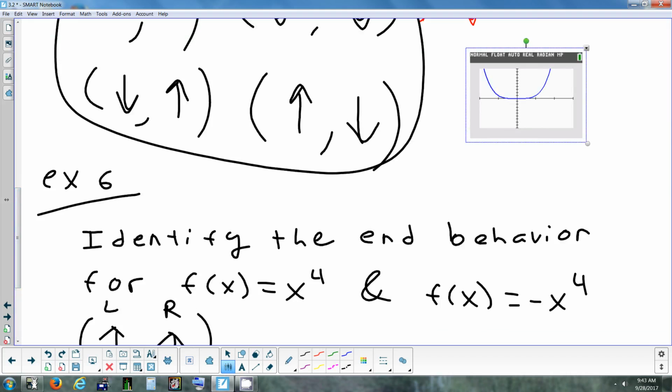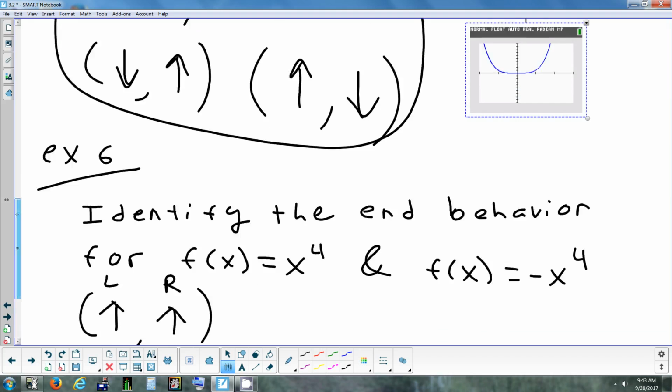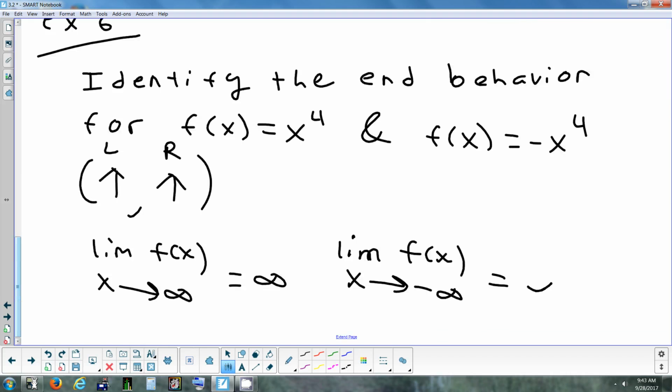It also approaches infinity. As you head further and further to the left, this graph is still going up. It's up on each end. So these two things are exactly the same. Which one do you prefer us to write, or do you not care? I will always put in the directions to either write it using limit notation, or write it using what's like arrow notation.